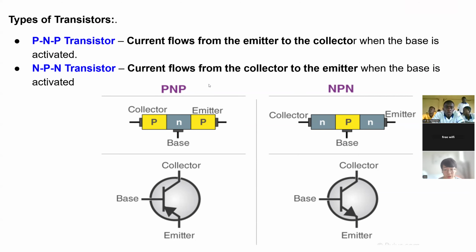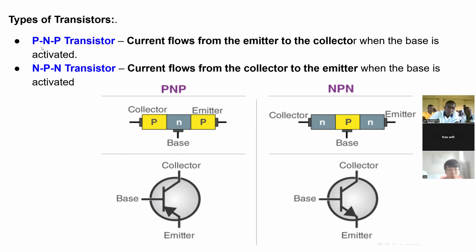There might be one or two questions on the exam about this, but I think the other parts were more important than this concept. But just know that there are PNP and NPN transistors. There are these two different types of transistors.